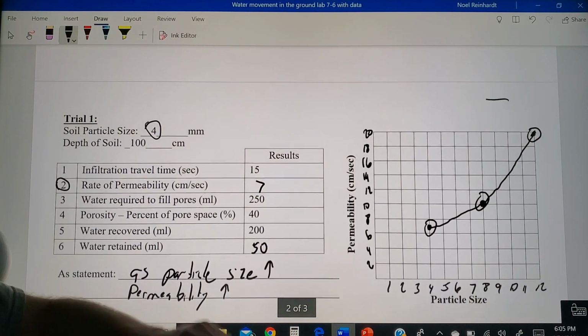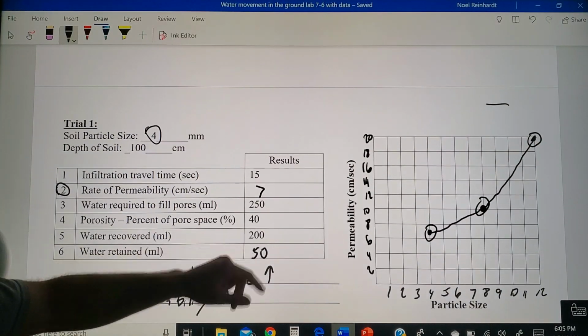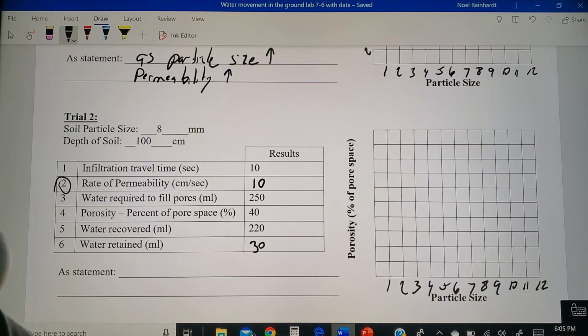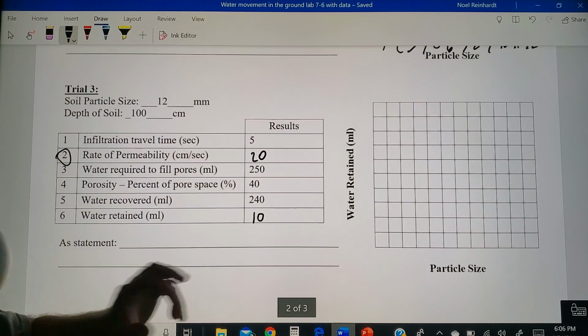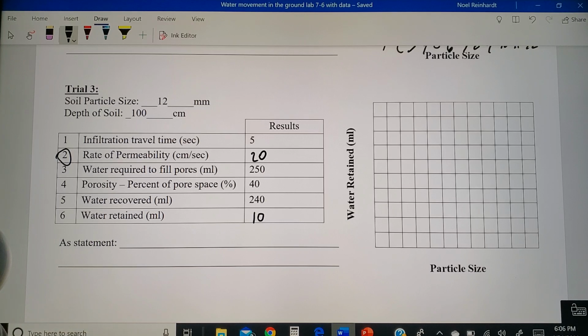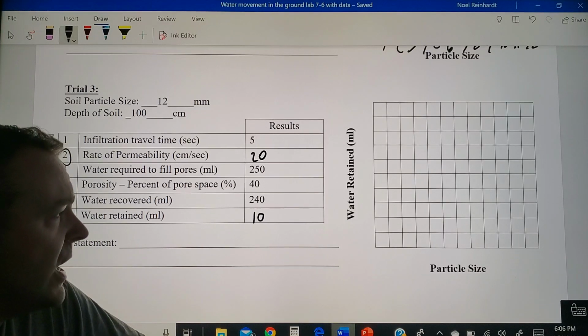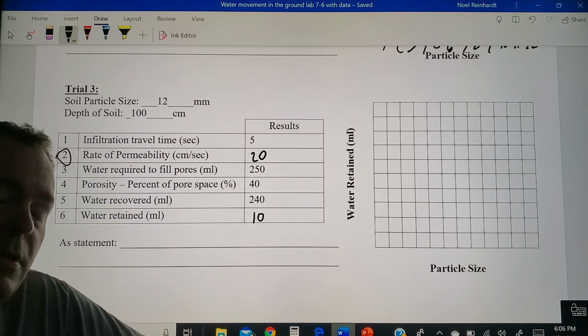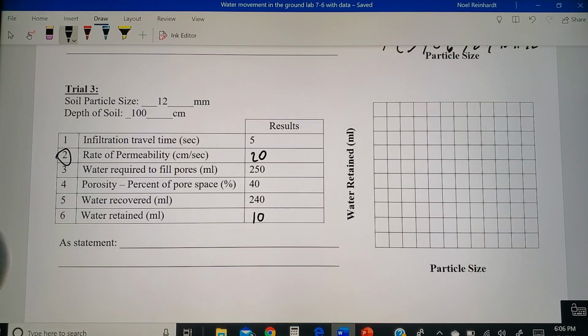The first one says a porosity of 40. The second one says 40. And the third one says 40. So the porosity is the same. Remember, changing the size of the particles doesn't affect the porosity as long as you don't mix them together. So this is going to be an easy interval here, right? You do by tens.